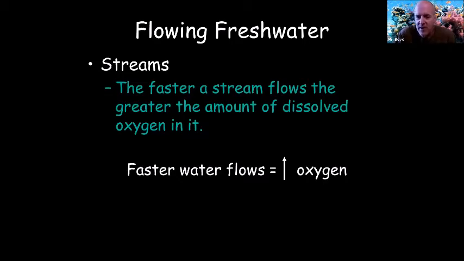White water, by definition, is water with lots of little bubbles in it, and that's going to cause a very high dissolved oxygen. Okay, just remember, the faster the water, the higher the dissolved oxygen.